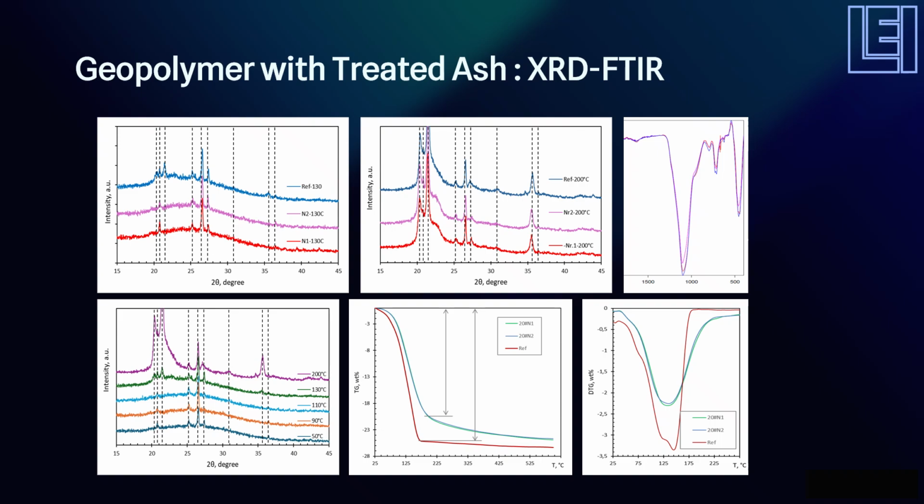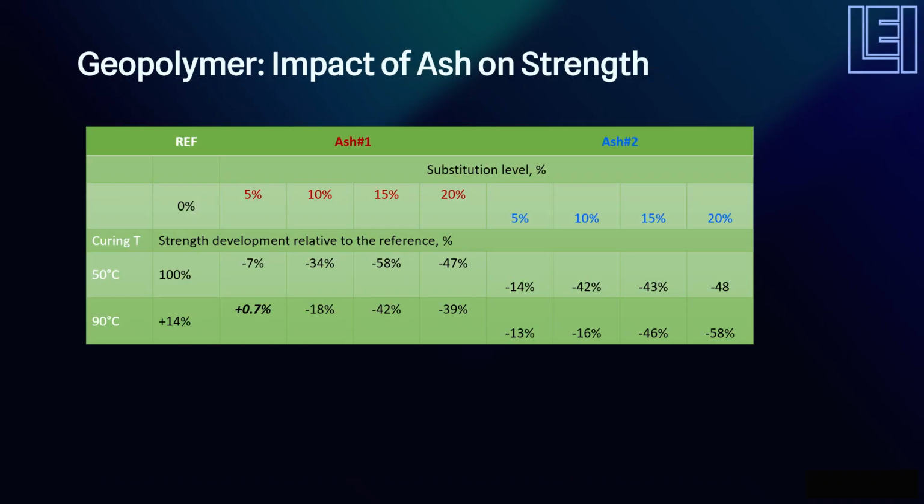FTIR analysis did not show any significant differences among samples. Nevertheless, TGA analysis shows a much broader but lower endothermic peak for samples with ash incorporation, suggesting alteration in geopolymerization reactions. These alterations are seen in compressive strength results.